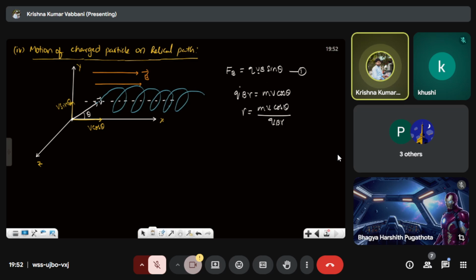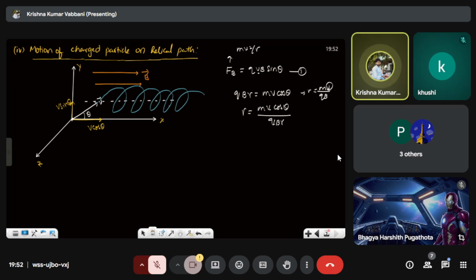Sir, how did this come? Generally, in the last class we had to substitute, and we balance the equation: mv square by r equals qvB. So there we find that r equals mv by qB.